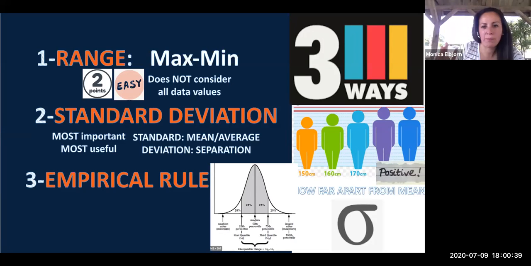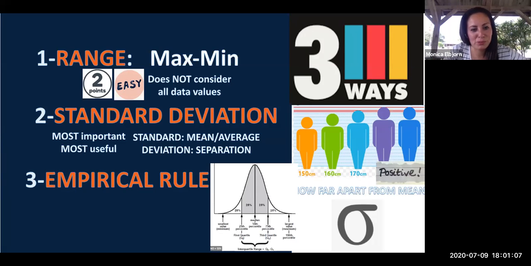So if you have a perfect curve, 50% of your data is to the right, and 50% of data is to your left. And then you could divide that into another 2 categories. If you divide it into 4 quarters, you're going to have 25, 25, 25, 25.